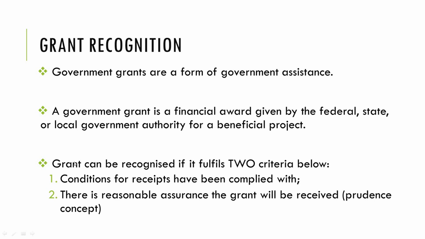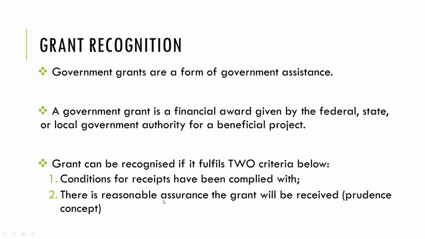So the company can recognize a grant as long as it fulfills two criteria. The first one is that the conditions for receipt of the grant have been complied with. Let's say the SMEs, if they want to apply for the government grant to digitalize their business, there are certain conditions that they have to fulfill, and they have to make sure that they can fulfill all the conditions that have been prescribed by the government.